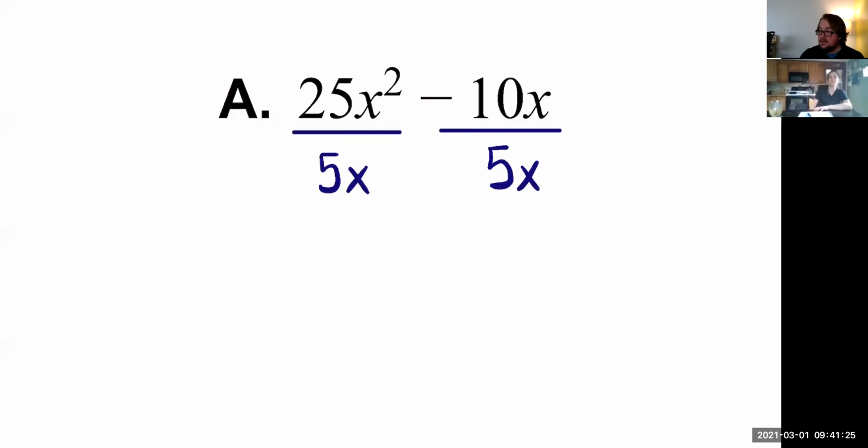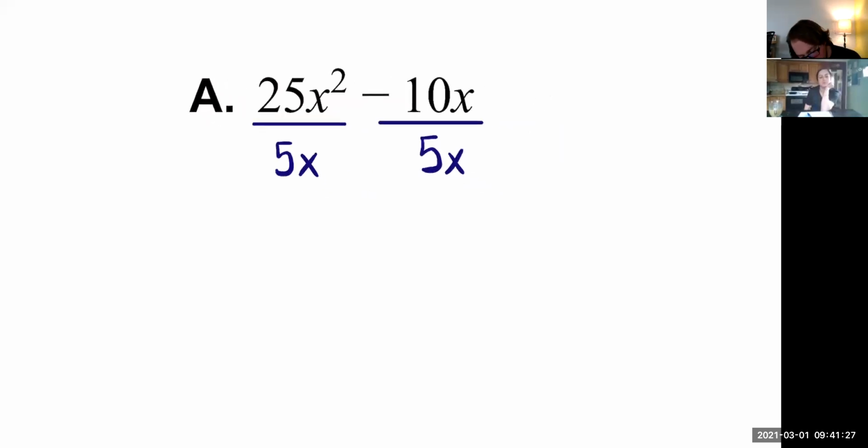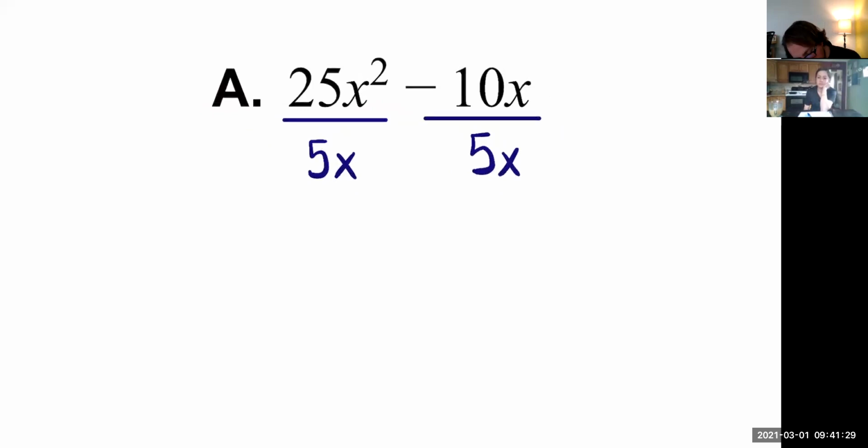So 5 takes care of the coefficients. The x takes care of the variables. What we found, without really dwelling on it too much, is that this 5x is my greatest common factor. Now, it's very important I don't lose this greatest common factor.